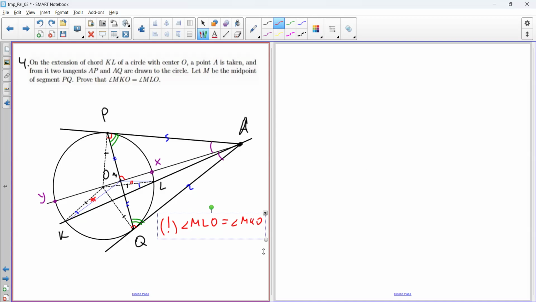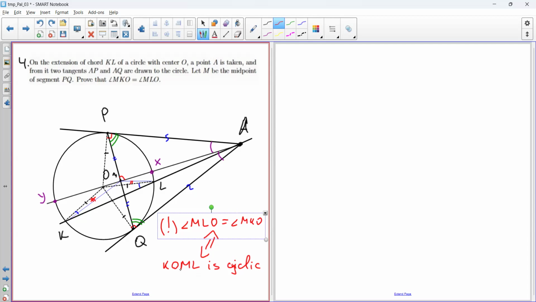And here, of course, we can notice that this is translatable to the property that KOML is cyclic. Which would be translatable to a number of probably more reasonable forms, right?